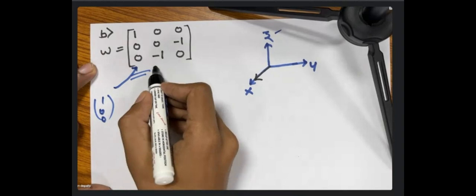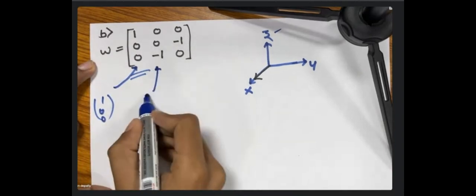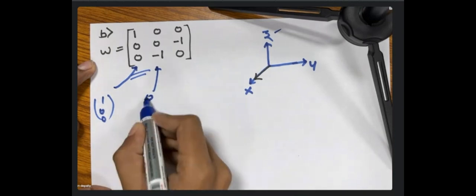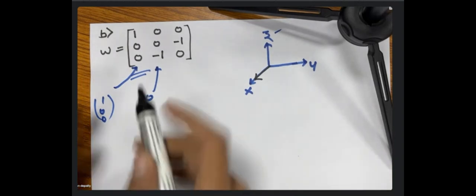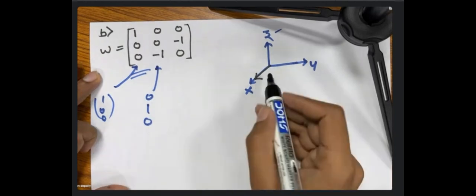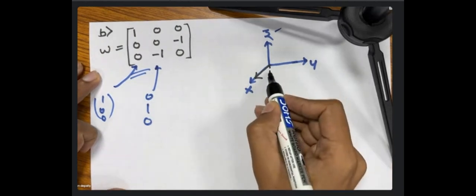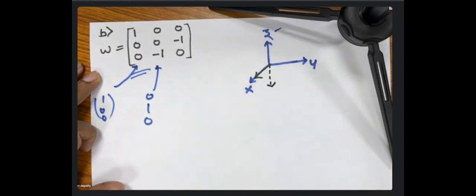It is telling about how 010 is transformed. If I draw this, it is transformed to 00-1. How will it be? It will be in the negative of Z. That's how it is.